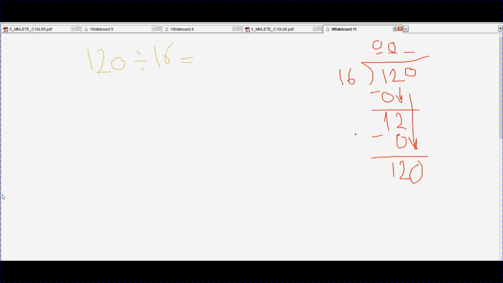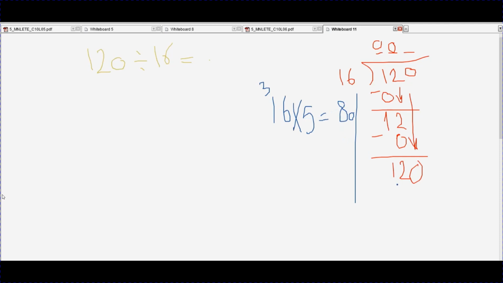Okay, let's multiply it. Try the multiplication table of 16. 16 by, let's say, 5. 6 times 5 equals 30, 0 and carry 3. 1 times 5 equals 5, and 3 equals 8.